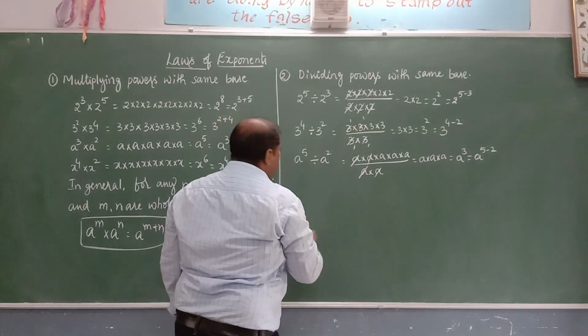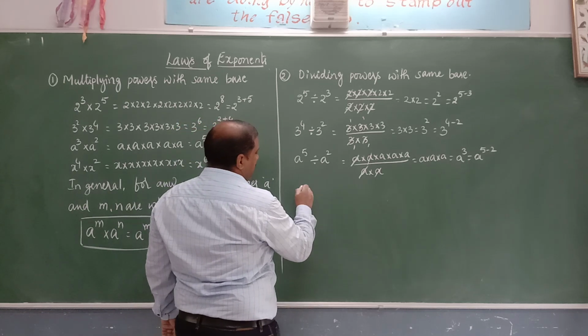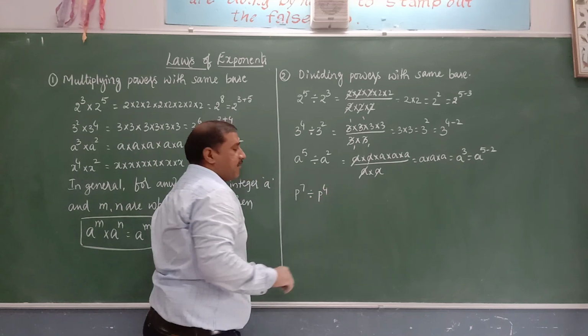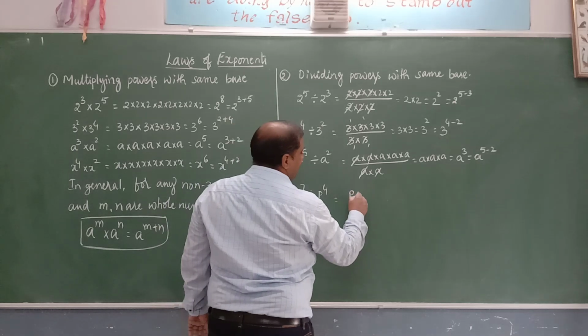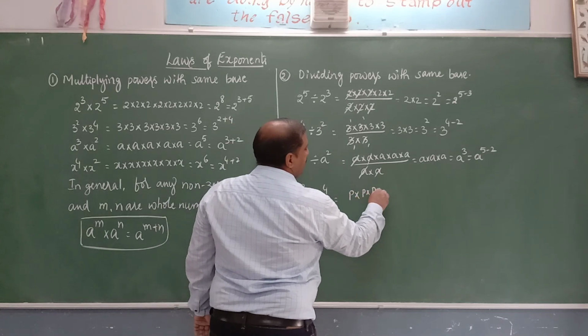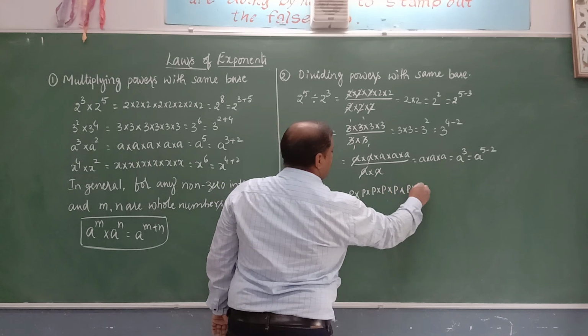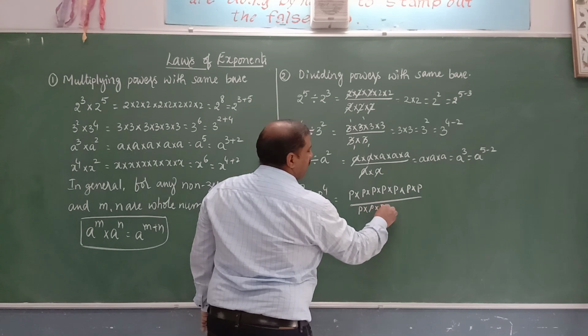We can apply it for some other values. Or you can take p to the power of 7 divided by p to the power of 4, that is p into p into p into p into p, 7 times, divided by p into p into p into p.